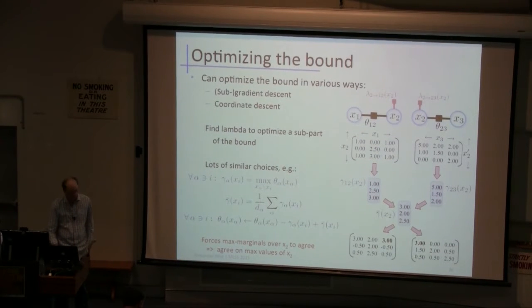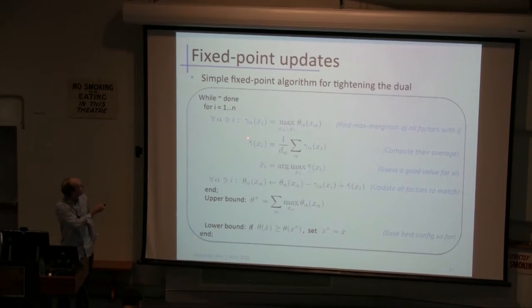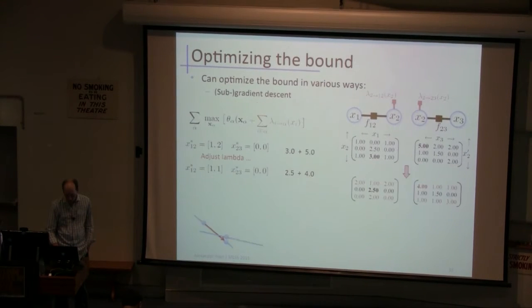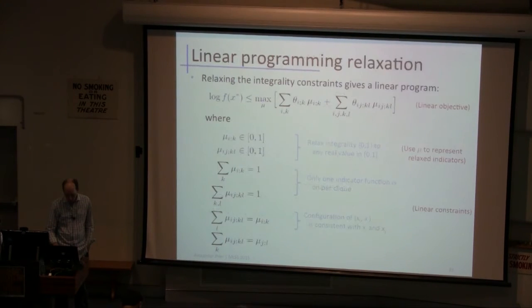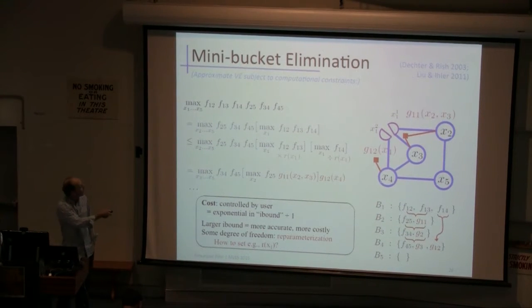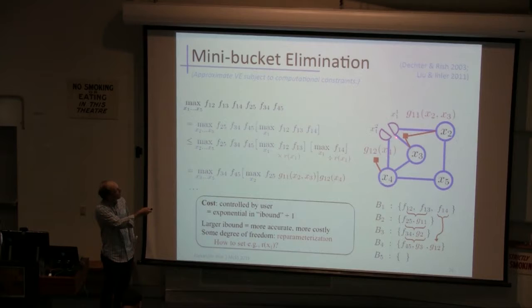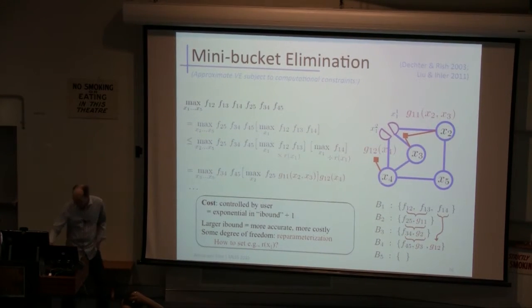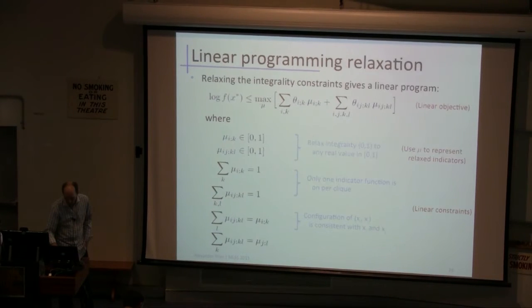And actually, this kind of coordinate descent-like thing, where you compute max marginals and then do reparameterization to fit, is exactly what I use in things like mini bucket as well. So in fact, what something like mini bucket will do is define these cliques, and then all that really matters are the definitions of the cliques.